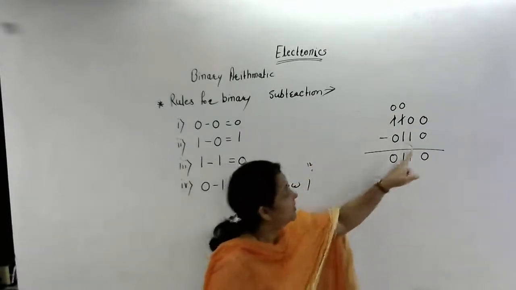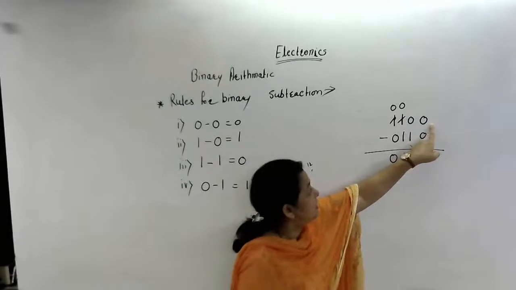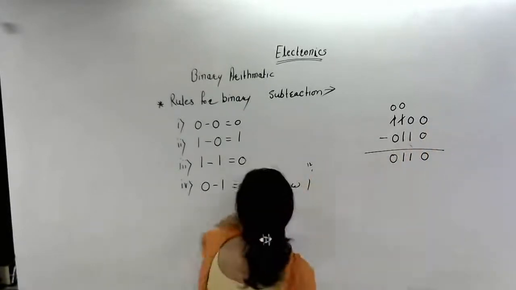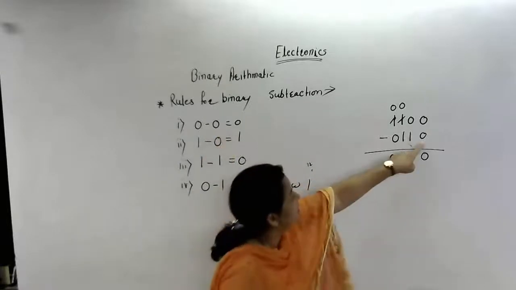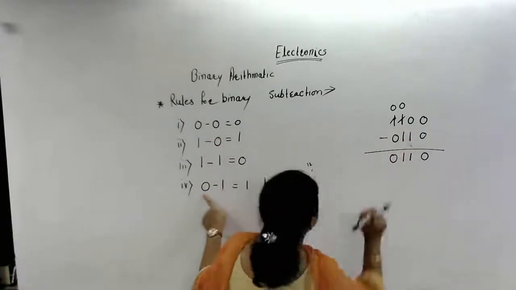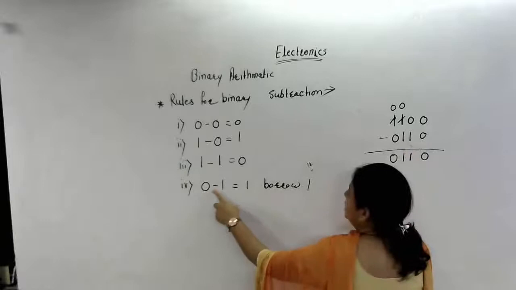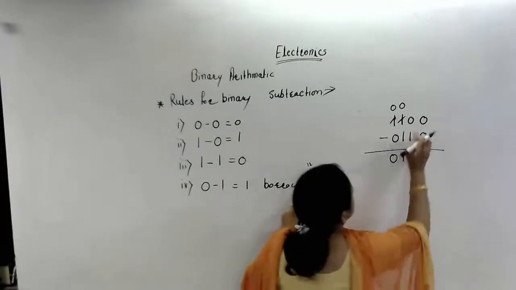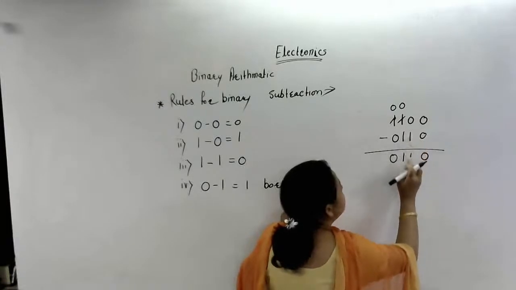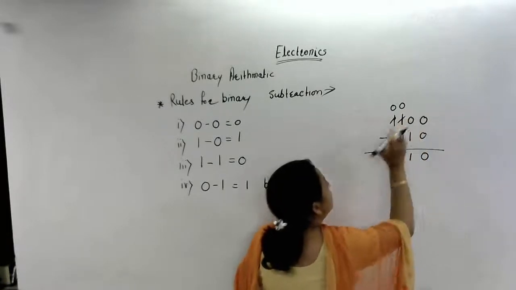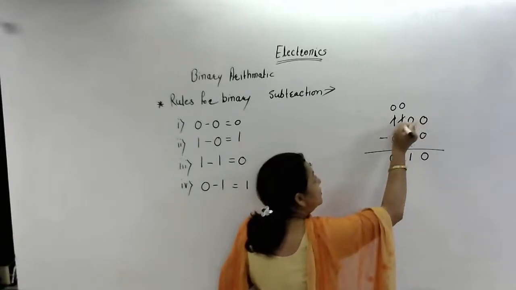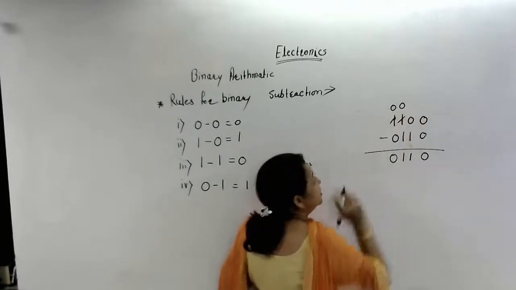Again I repeat: first for the LSB, least significant bit, 0 minus 0 is 0. For the second LSB, 0 minus 1, answer is 1 and borrow 1. How do you do that borrow 1? इकडने 1 घ्यावा लागेल म्हणून इकडे 1 च्या जागेवर 0 होणार.